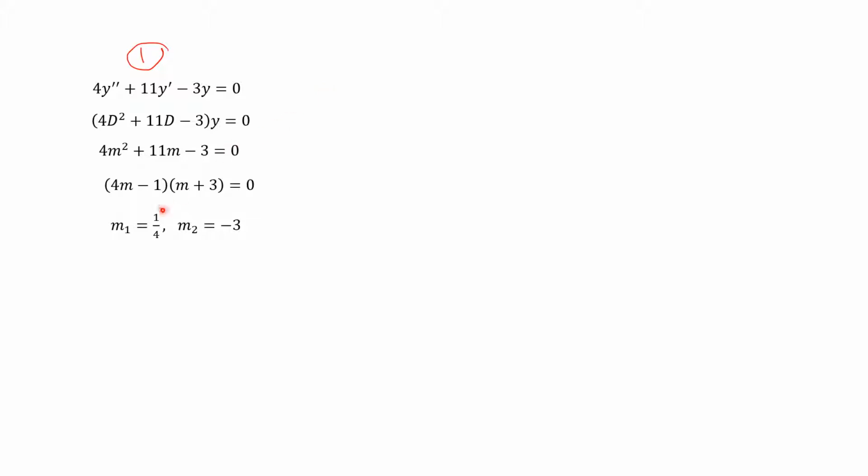So our solution is y equals c1 e to the 1/4 x plus c2 e to the negative 3x. It will not matter which happens to be first here because anyway this is just c1 and c2.